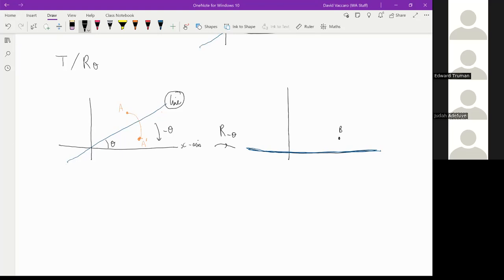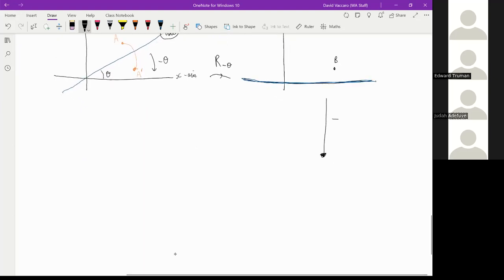Now that we've got the blue line as the x-axis, this is the normal world over here, and this is the transformed world, where the blue line is equal to the x-axis.